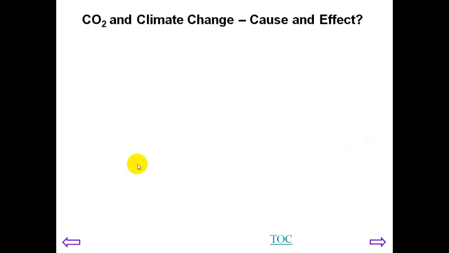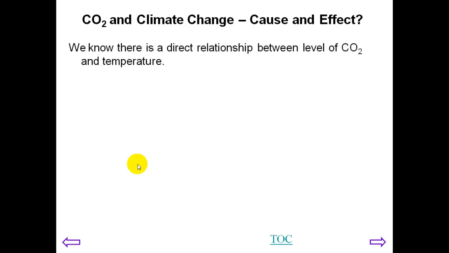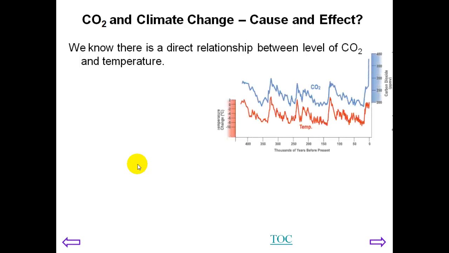So which is causing which? You've got carbon dioxide and the temperature. We know there's a direct correlation between the level of carbon dioxide and the temperature over the last 400,000 years on the Earth using this data. But which is causing which?